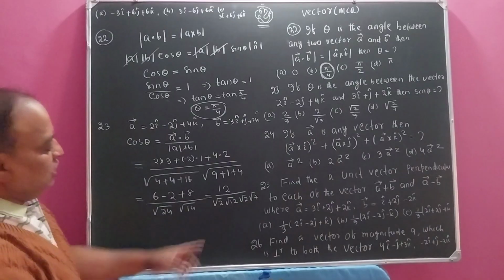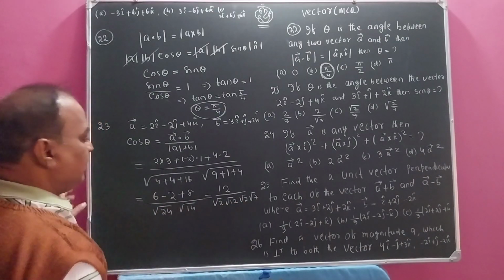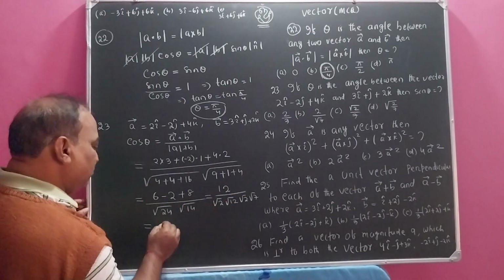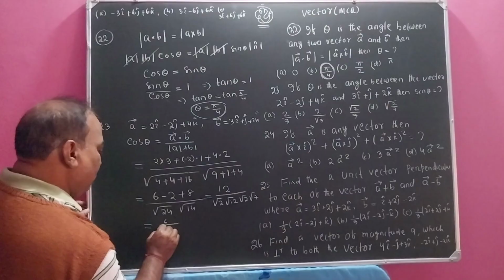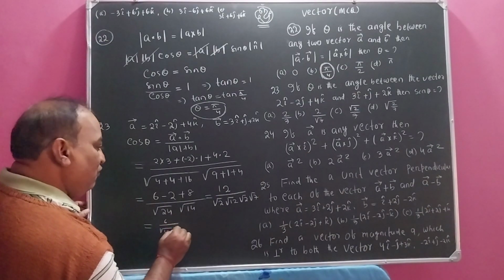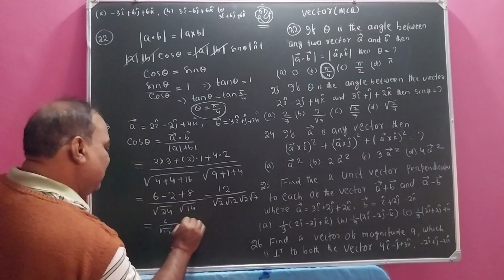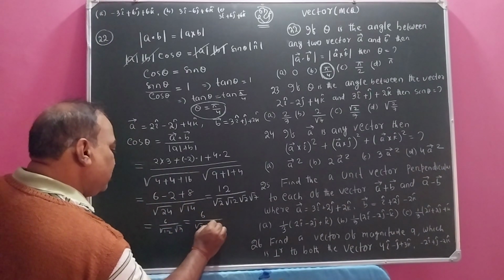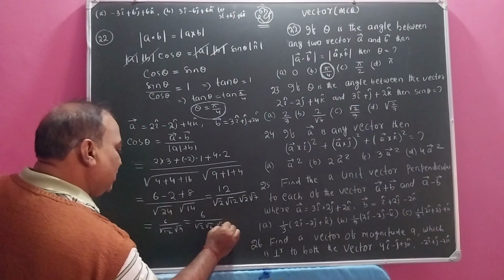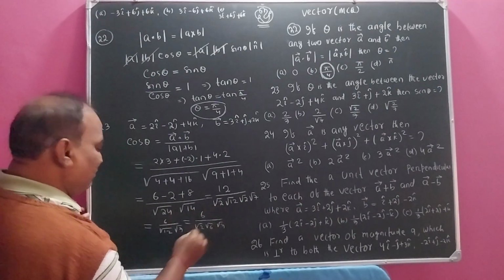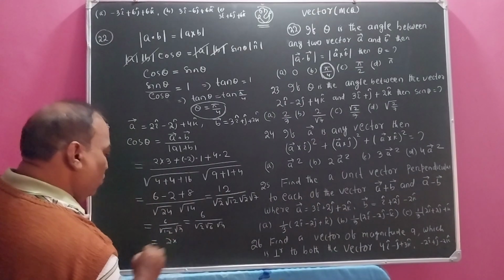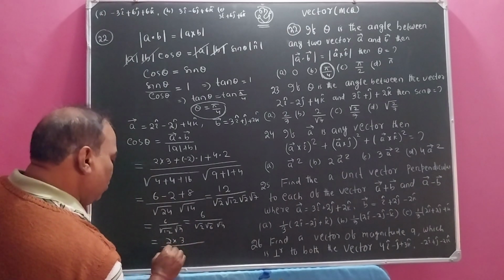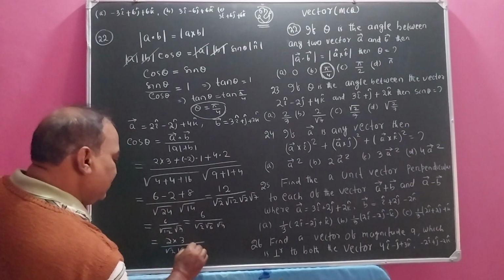This is 12 divided by root 24 into root 14, also written as 12 divided by root 2 into root 6 into root 7, which can be written as 2 into 3, also written as root 2, root 3, root 7.